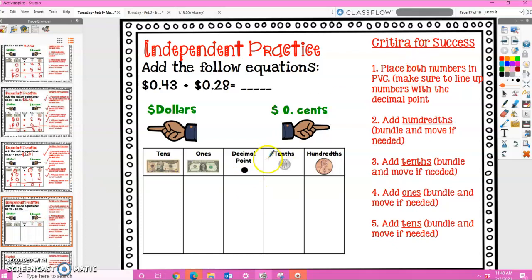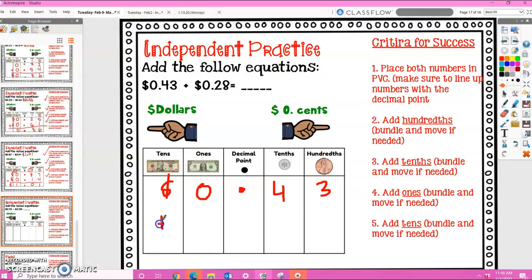So first thing, put both of my numbers in. Let's start with 43 cents. What number goes in the ones place? 0. What number goes in the tenths place? 4. What number goes in the hundredths place? 3.